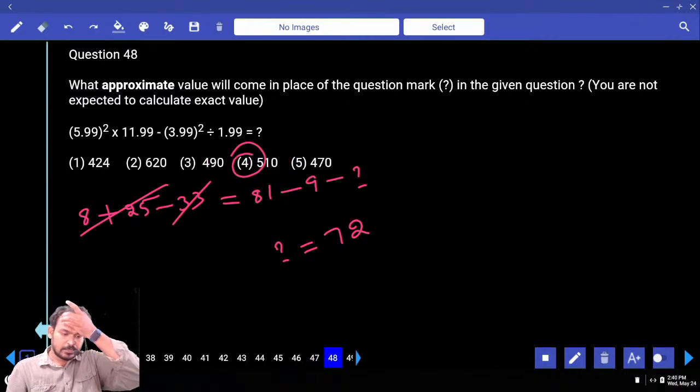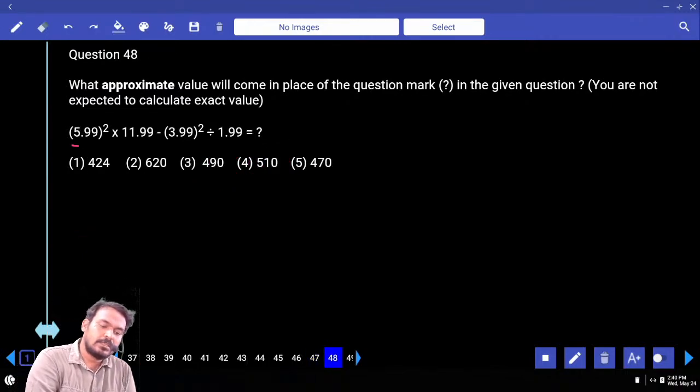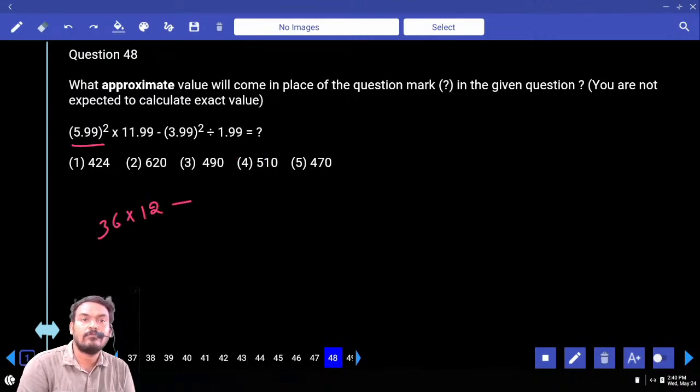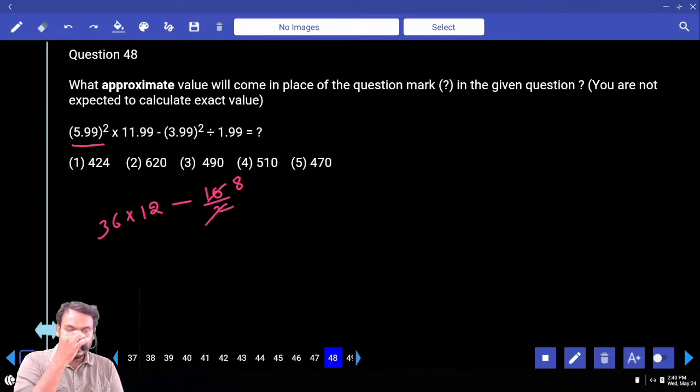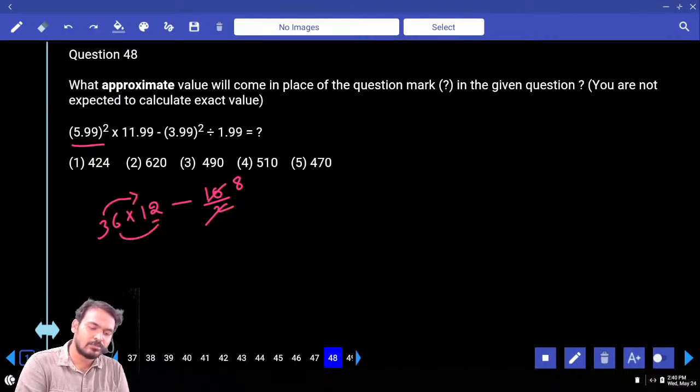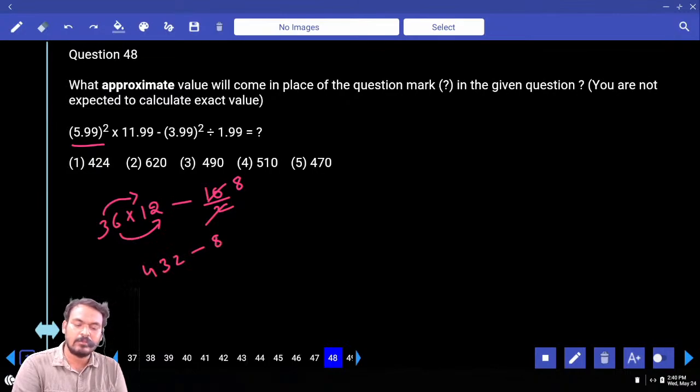Next 48. 6 square 36 into 12 minus 4 square 16 divided by 2. 2 how many times? 8 times. 36 into 12 means 12 square into 3 or not? 12 square into 3. Or 36 10 times, 36 2 times. 432 minus 8 or not? What is the answer? 424.